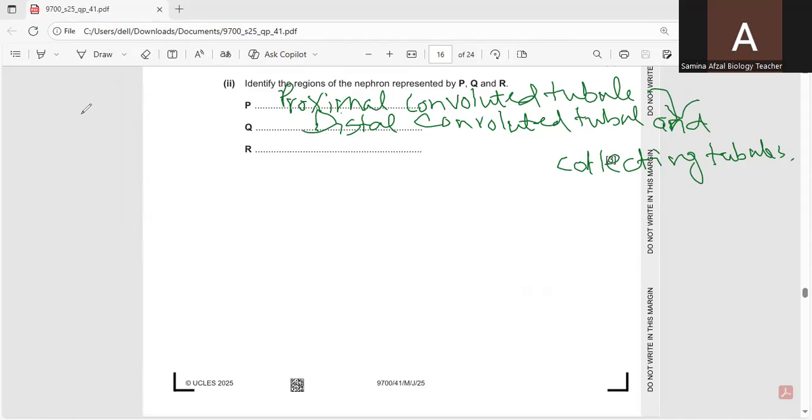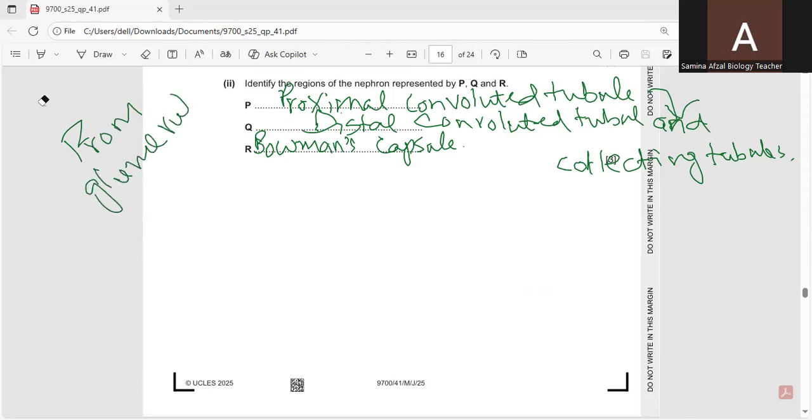This non-selective stage of urine formation is driven by the high blood pressure in the glomerulus, and it takes place in the Bowman's capsule, because the ultrafiltration process takes place from the glomerulus to the Bowman's capsule.